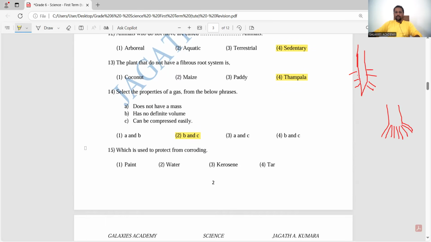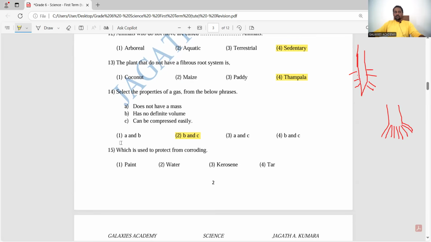Question 15 given: which is used to protect from corroding. Corroding means the change of the color, right? Change of the nature of some materials. Think about iron: when we expose it to the air, its color changes, right?